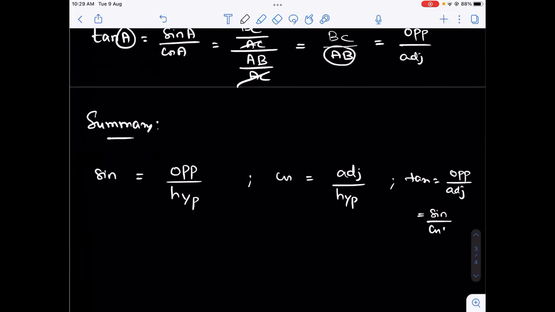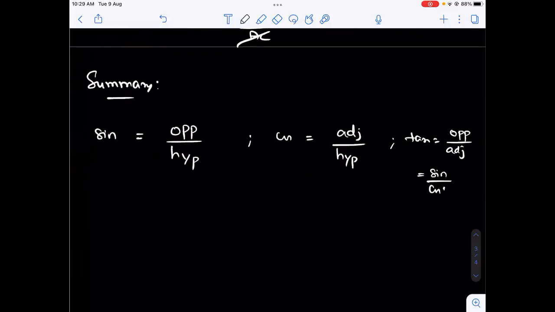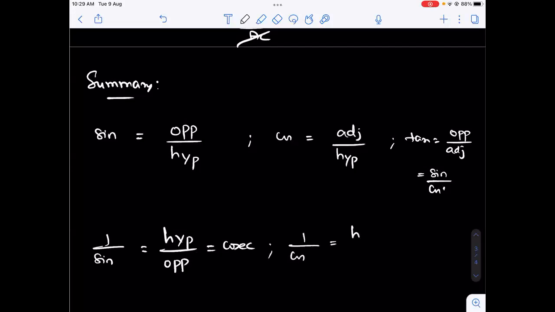Right? Now what will be the reciprocals of that? 1 by sin is hypotenuse divided by opposite, which is called cosecant or cosec. In short form, you write it as cosec. The reciprocal of cos, 1 by cos, is hypotenuse by adjacent.